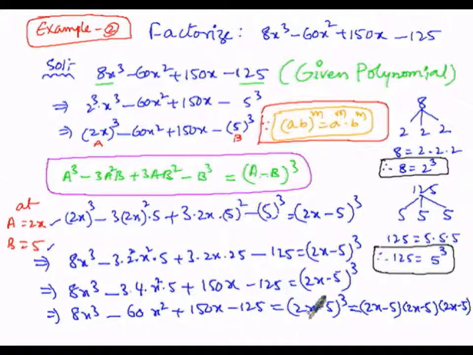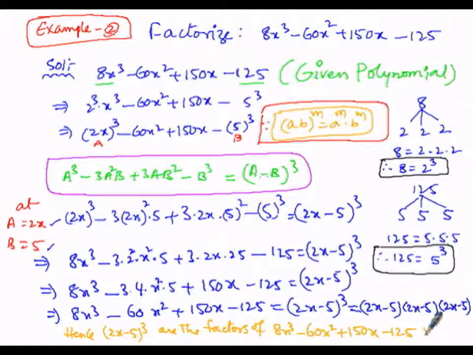Hence (2x minus 5) whole cube are the factors of 8x cube minus 60x square plus 150x minus 125.